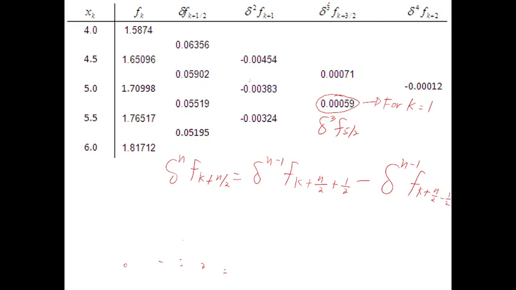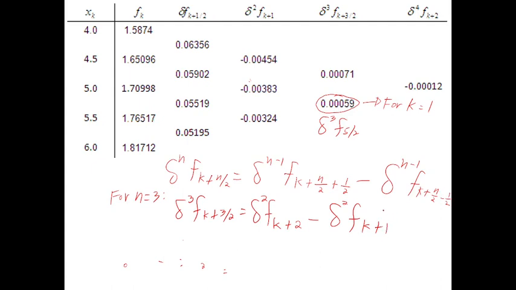so n is 3. For n equals to 3, so delta cube f k plus 3 over 2, delta squared f k plus n is 3, 3 over 2 plus 1 half, that is 4 over 2 or 2. Delta squared f k plus n is 3, 3 over 2 minus 1 over 2, that is 2 over 2 or 1.